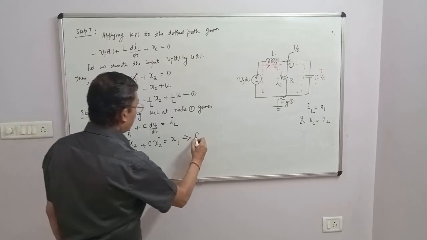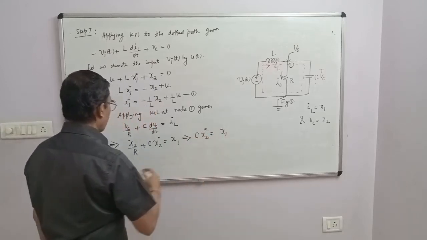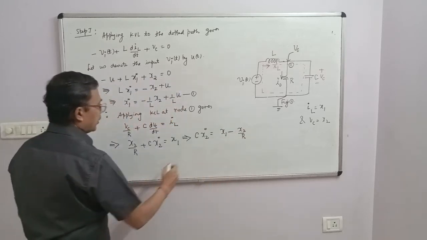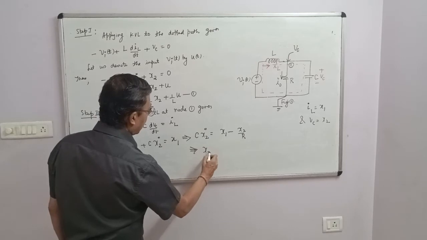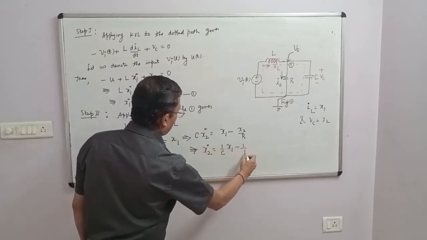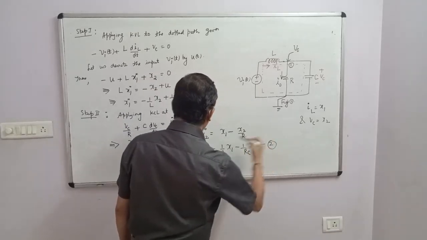This implies C into x2 dot is equal to x1 minus x2 divided by R. This in turn implies x2 dot is equal to 1 by C into x1 minus 1 by RC into x2. Equation 2.